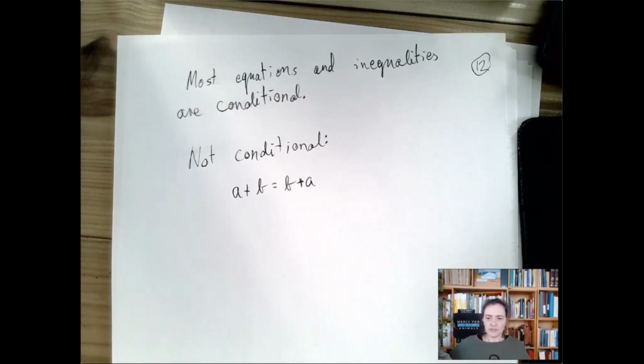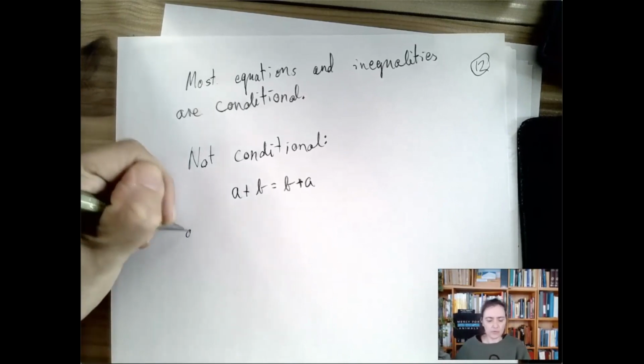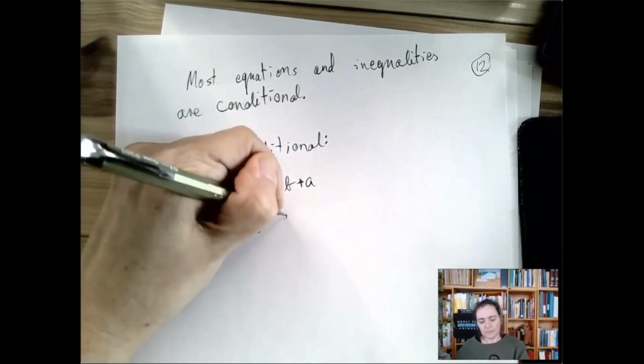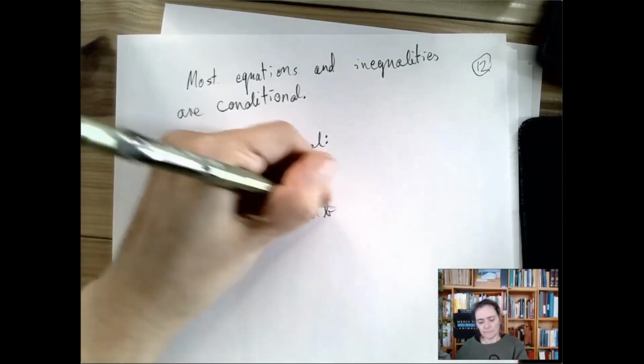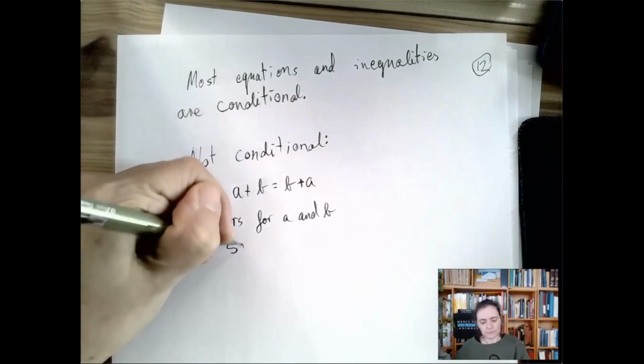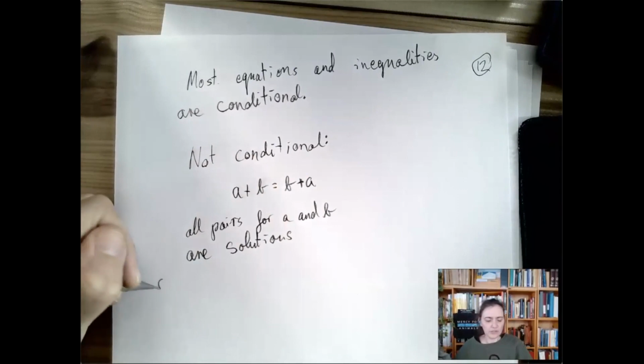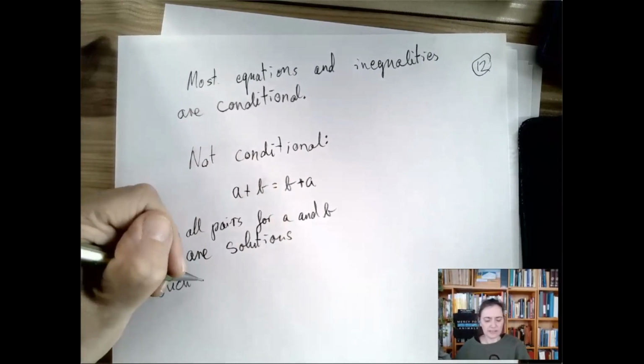Such an equation is called an identity. So all pairs for a and b are solutions. And such an equation has a name, it's called an identity.